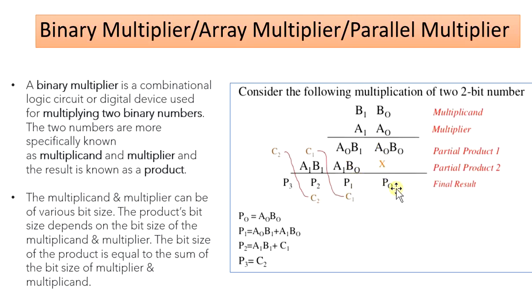as P. Moreover, each successive partial product is shifted one position left. As you can observe here, there is an X indicating that it is shifted one position left relative to the preceding partial product before summing all the partial products.